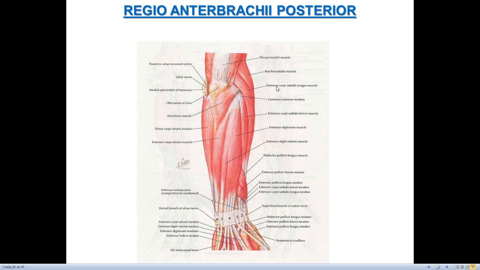Superficial include extensor carpi radialis longus, extensor carpi radialis brevis, extensor digitorum, extensor digiti minimi, and extensor carpi ulnaris. In the deep layer rests supinator muscle, abductor pollicis longus muscle, extensor pollicis brevis muscle, and extensor indicis.